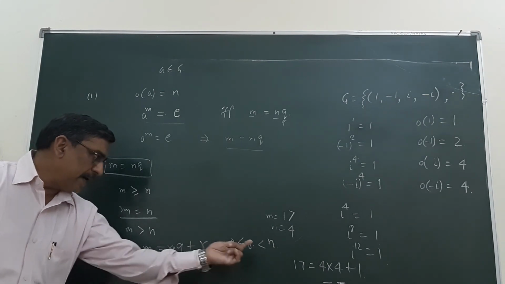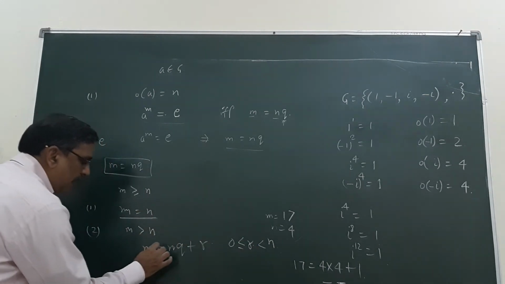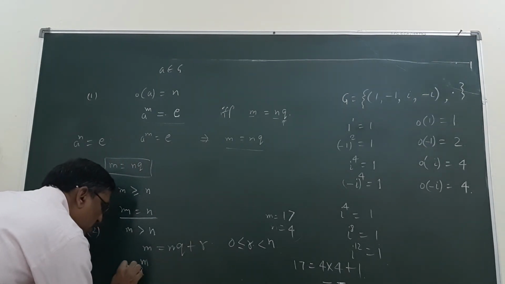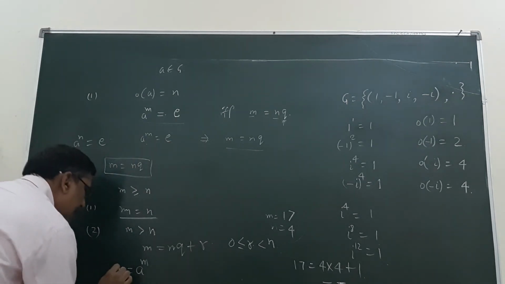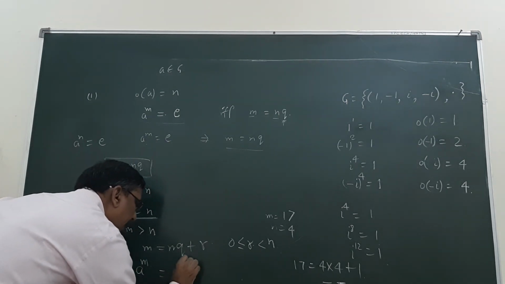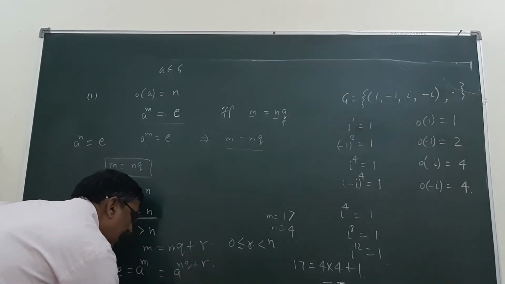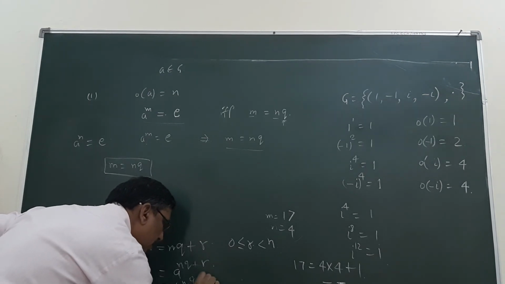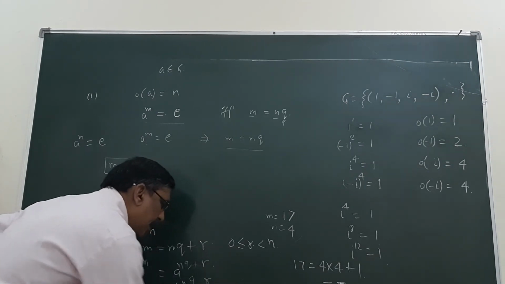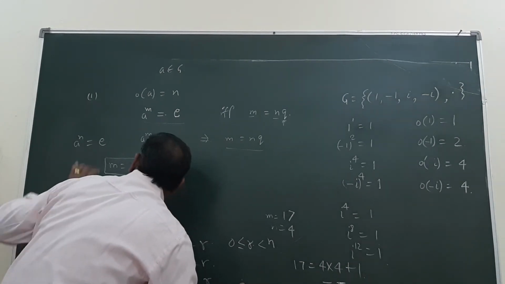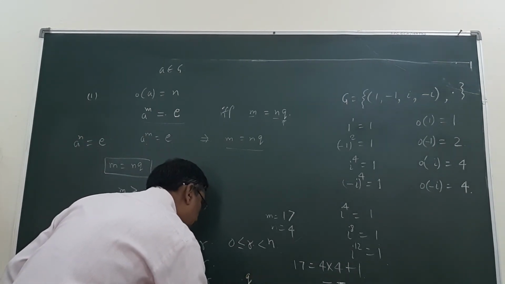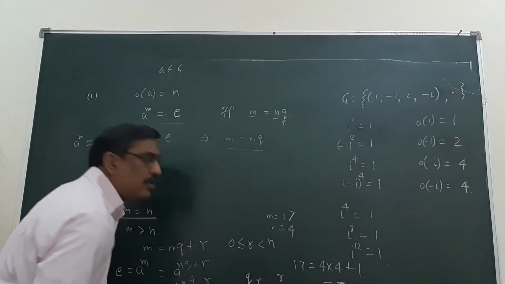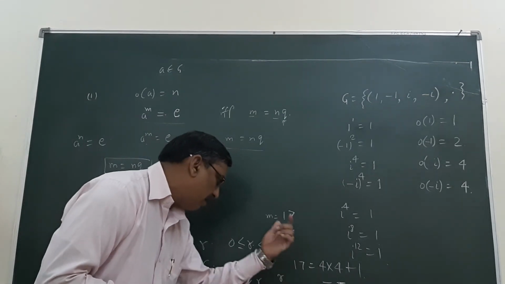So m is equal to nq plus r. Now A raised to the power n is given as identity. E is equal to A raised to the power nq plus r. This I can write as A raised to the power n, whole raised to the power q, into A raised to the power r. A raised to the power n is nothing but identity, so identity raised to the power q times A raised to the power r is equal to A raised to the power r, since identity raised to the power q is identity.